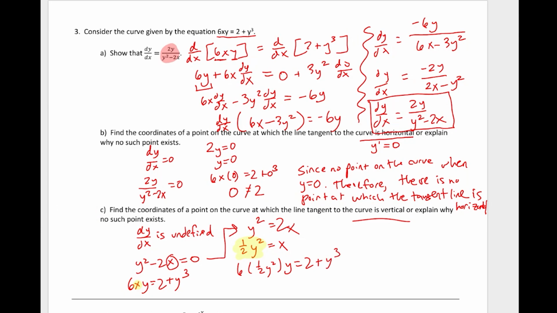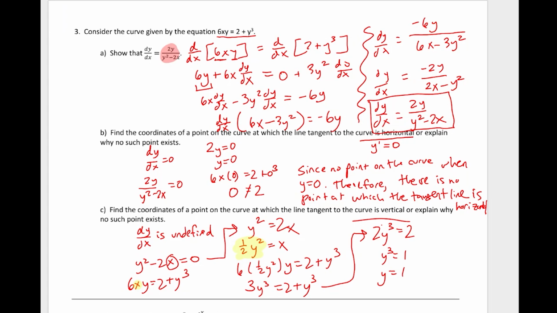This looks like a pretty terrible equation, but let's see here. So this would be 3y cubed equals 2 plus y cubed. So 3y cubed minus y cubed is going to be 2y cubed equals 2. Divide both sides by 2. And so we get y cubed is 1. And so y must be 1.